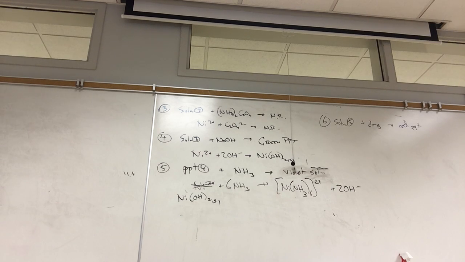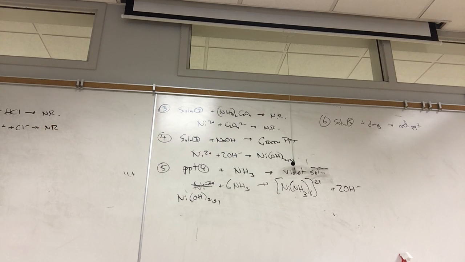The next ion is magnesium 2+, is that correct? Or did I skip one? No, it's magnesium 2+. All right, in step 1, if our original unknown contains magnesium 2+ and we add the HCl, we expect no reaction. Magnesium ions don't care for H+ nor chloride, so we get NR.